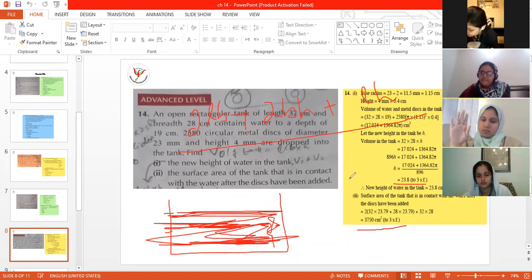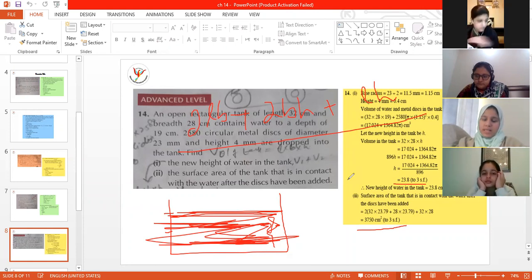Yes, Zaina? Ma'am, won't it be LB plus 2BH plus 2LH, because we have to remove LB? We have removed it, it is an open rectangular tank. Yes, ma'am.